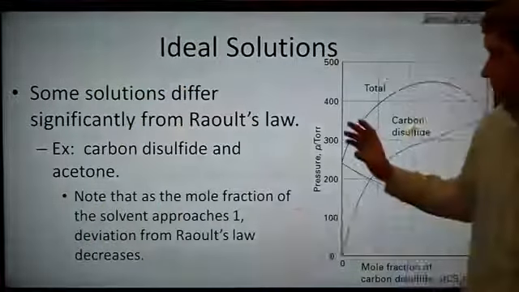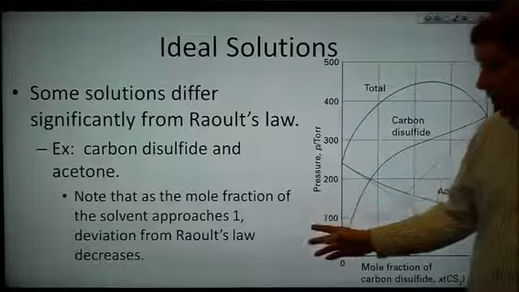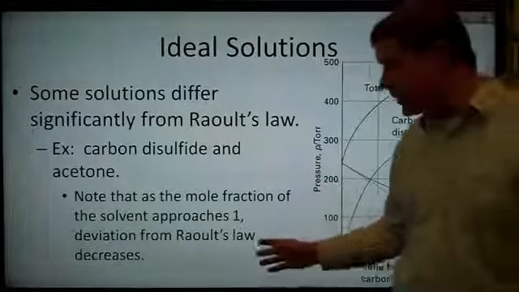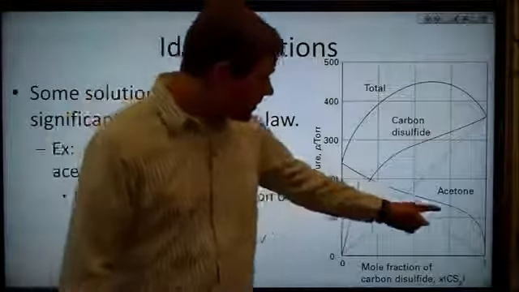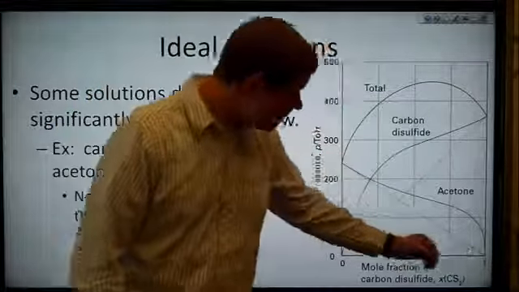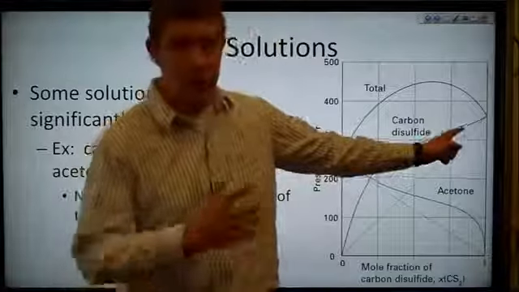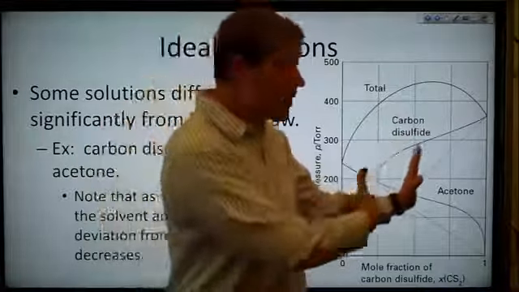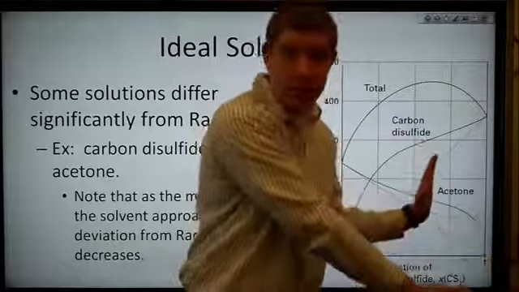All right, so note that as the mole fraction of the solvent approaches 1, the deviation from Raoult's law decreases. As the carbon disulfide has a mole fraction closer to 1, at greater than mole fraction 0.5, carbon disulfide is the solvent.